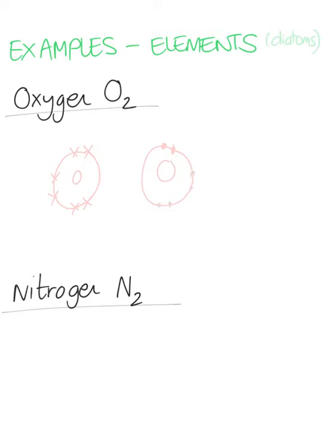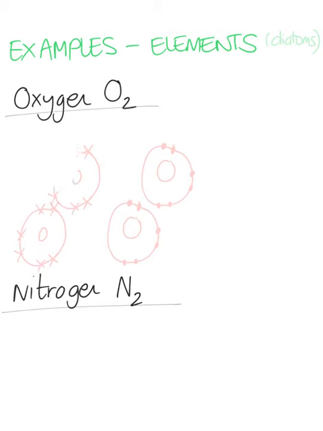Okay, so with fluorine and chlorine, we looked at just 1 electron being needed to fill the shell. Well, oxygen has 6 electrons in its outer shell, so it needs to share more electrons.